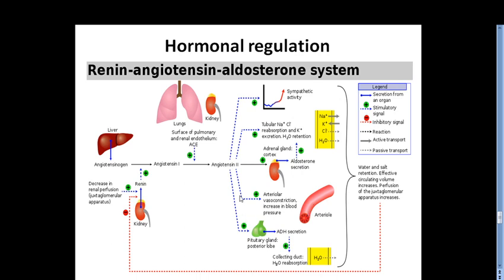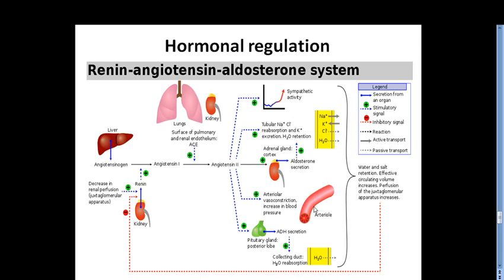So another effect is it directly acts over the pituitary, and over there it stimulates the release of ADH, antidiuretic hormone. So now all these things act at different levels. Like first one, it is a very strong vasoconstrictor.